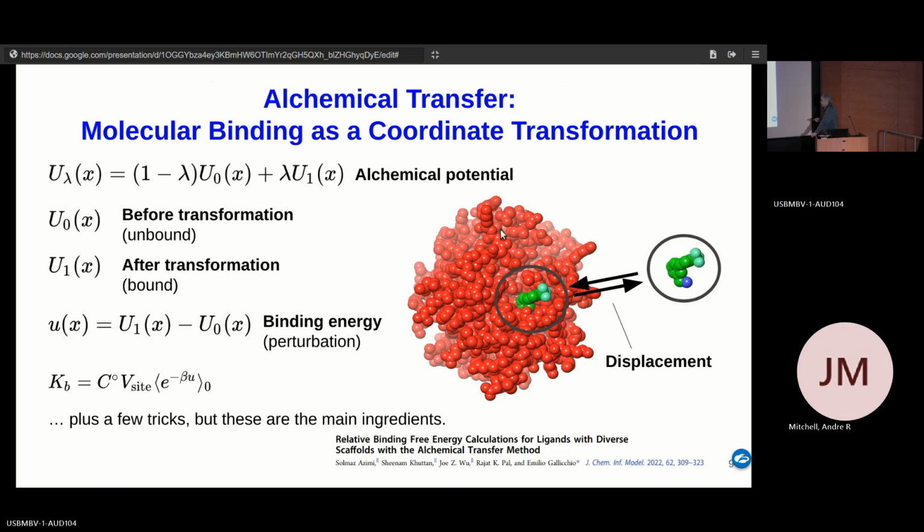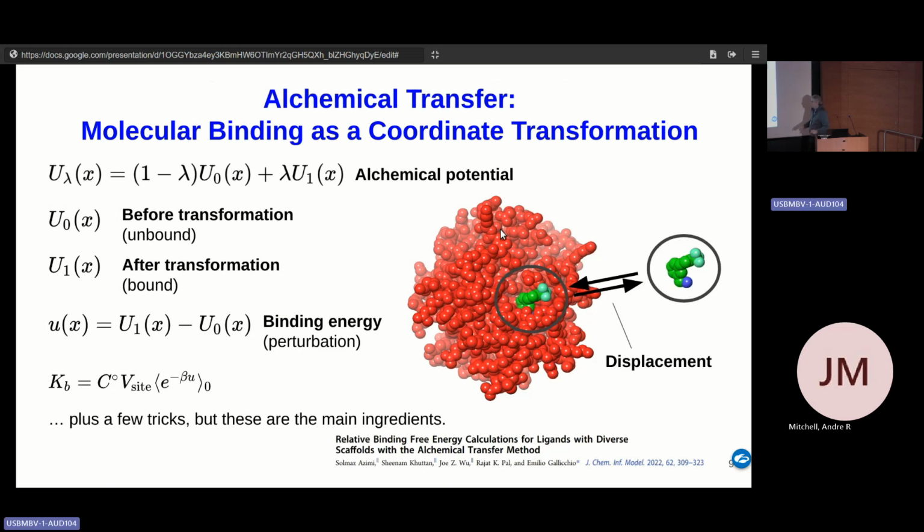The perturbed potential is obtained from the reference potential by a coordinate transformation. So in the case of absolute binding, we literally calculate the energy when the ligand is outside the receptor. And then there is a teleportation. People who know Star Trek. There's a coordinate transformation that takes the ligand into the receptor. And that leads to a different energy.